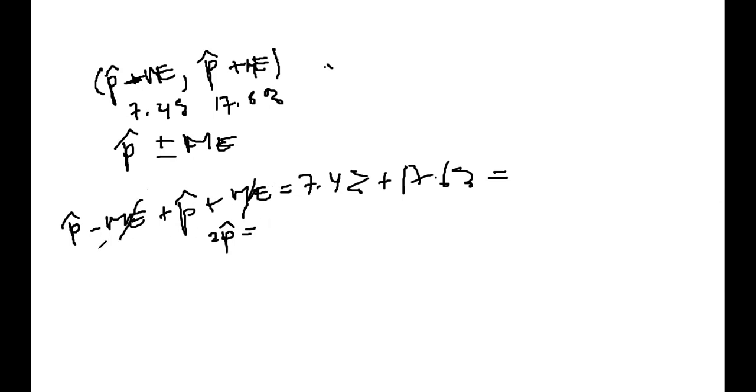So you got only 2 p hat on the left side, and on the right side you need to add both, 7.4 with 17.6, so you got 25% here. And divided by 2, the p hat will be 12.5%. Okay. Sorry.